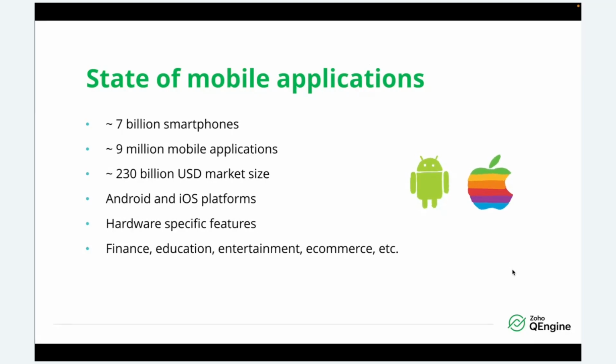Apart from this, as many phones are released these days, there are phones with new hardware that has more capabilities, and applications are created specifically taking use of the hardware present in these modern smartphones. The scope of these mobile applications is beyond just one domain. It is available across finance, education, entertainment, e-commerce, and everywhere.